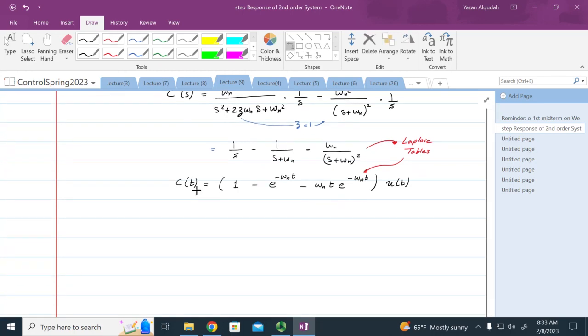So we're going to do the same thing. We're going to come here and plot the response for a step, and the response for a step is going to look something like this.